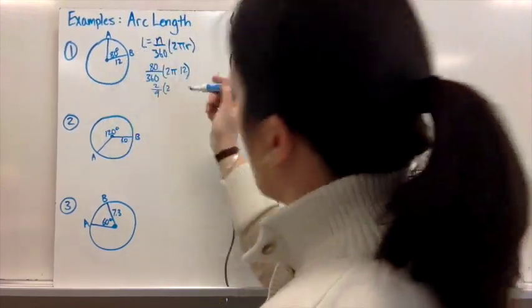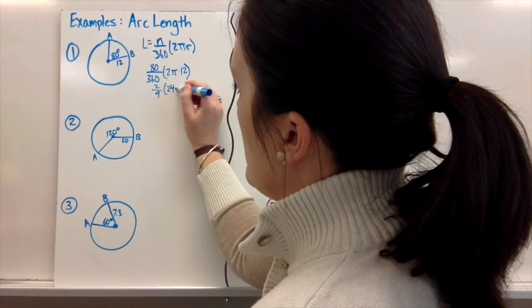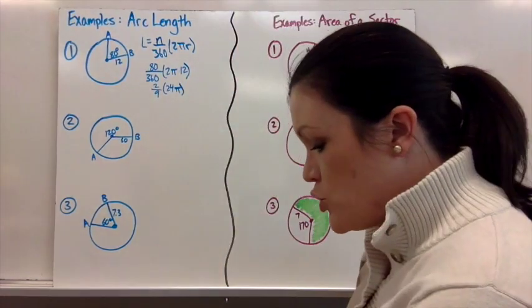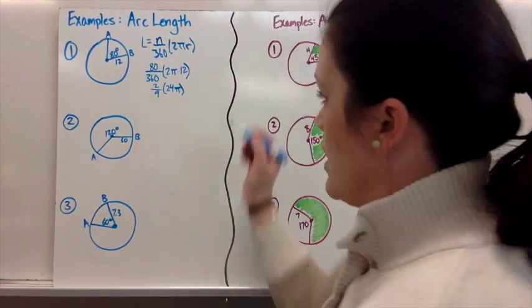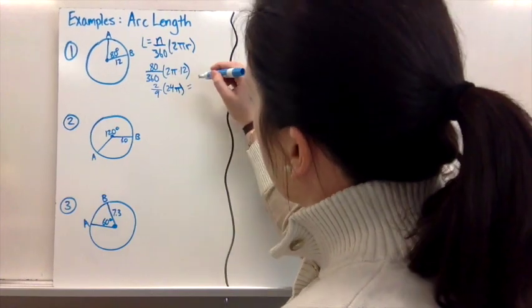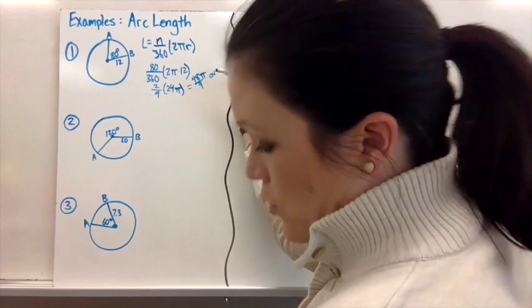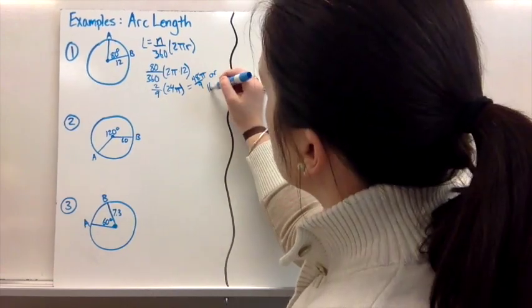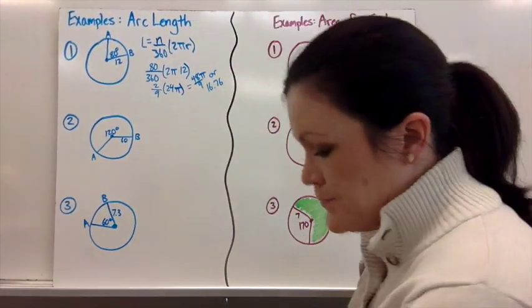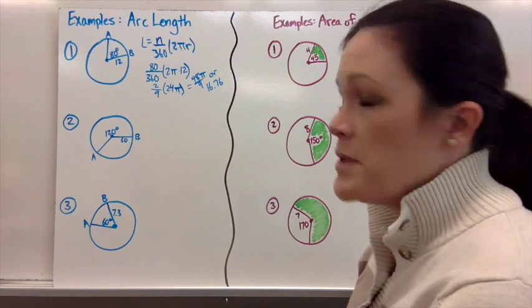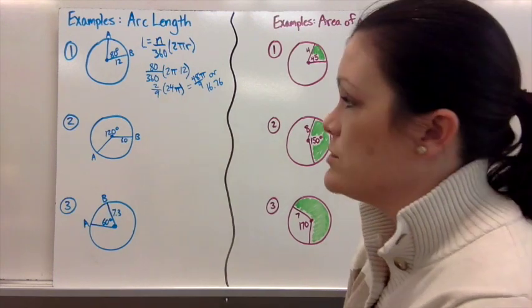I've already done my work on my paper, so I can save some time, which calculates to be 48 pi over 9, which you could leave that way, or you could get a decimal, which is 16.76. So either way is fine. It just depends on what they ask for or what your answer choices look like.